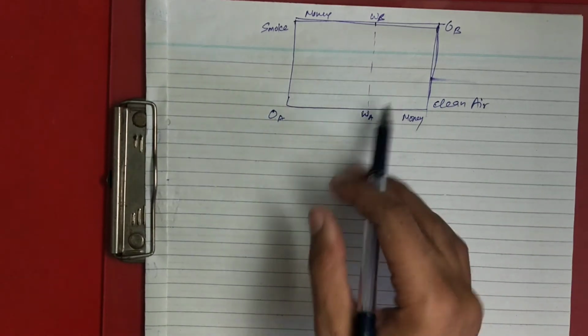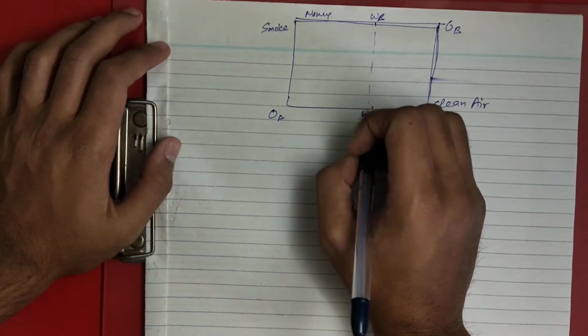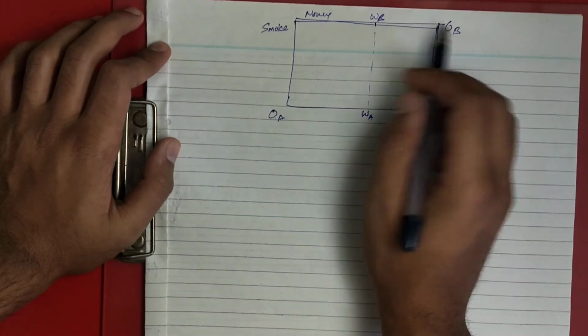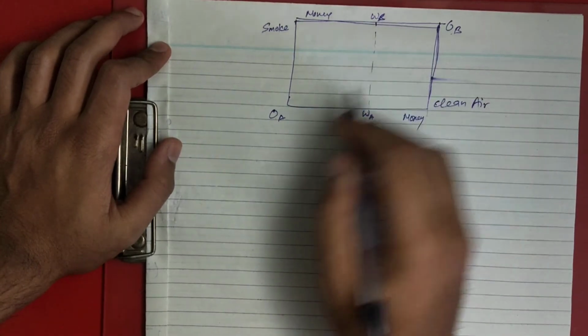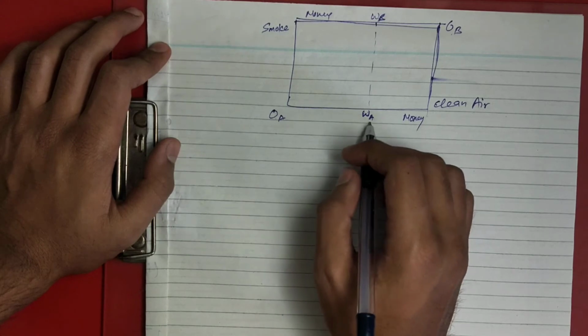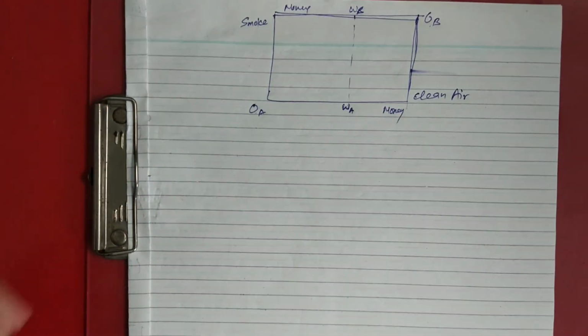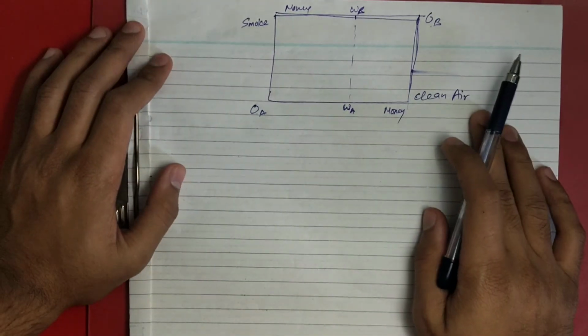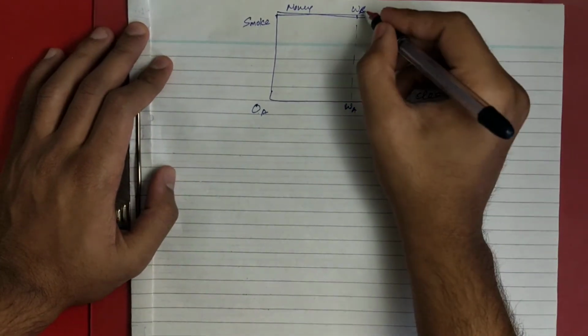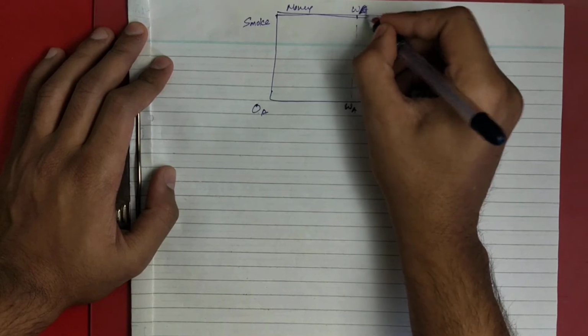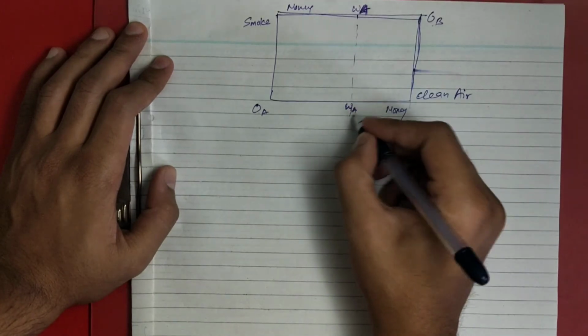If the right is with B, it will be WB, and similarly if the right is with A, it will be WA. Okay, I guess I made a mistake there. It will be WA, and it will be WB.